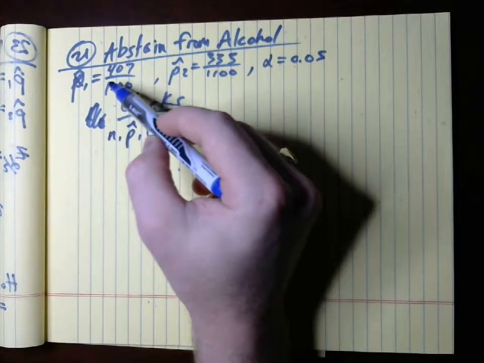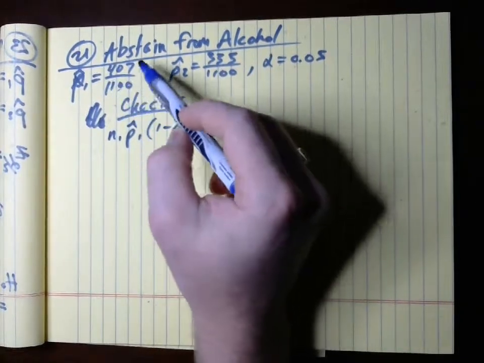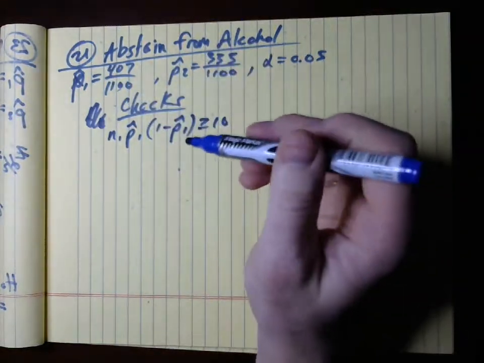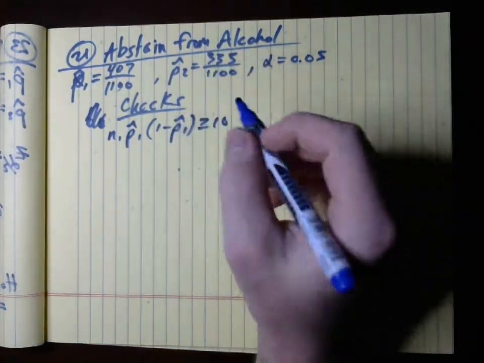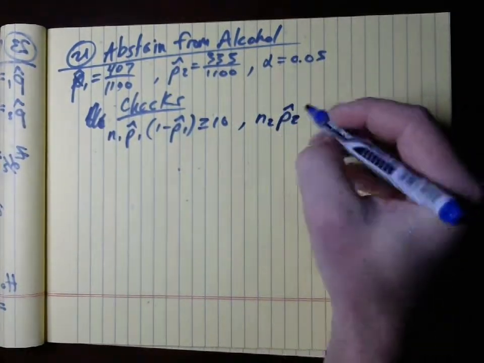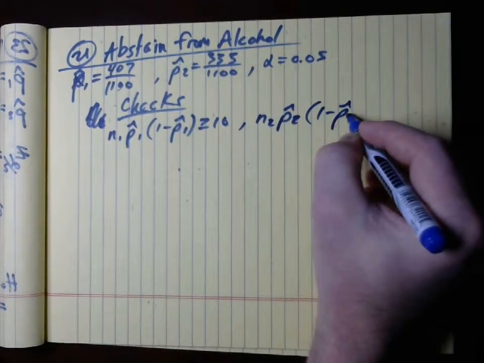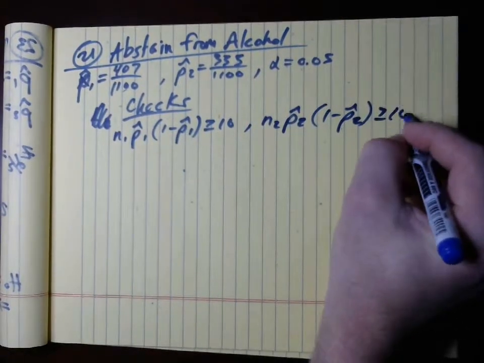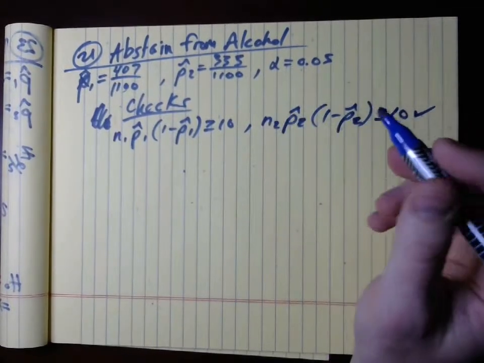Looking at this, it's pretty obvious: 1100 times something around 0.3 times 0.7 is obviously greater than or equal to 10. Similarly, we can tell that N2 times P hat 2 times 1 minus P hat 2 is greater than or equal to 10. So we have a normal distribution for the difference of the two proportions.